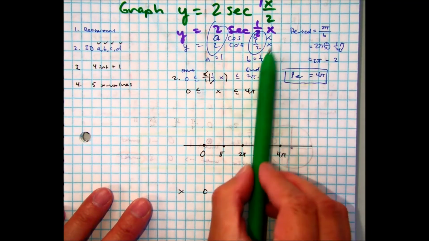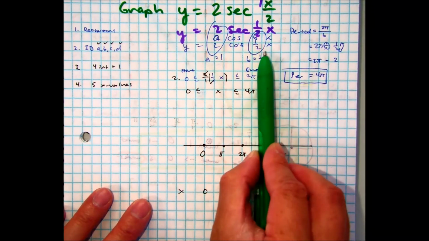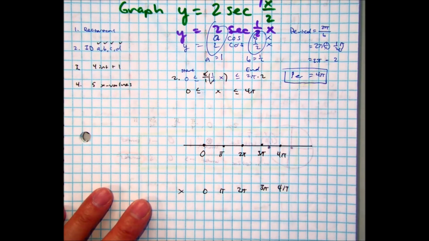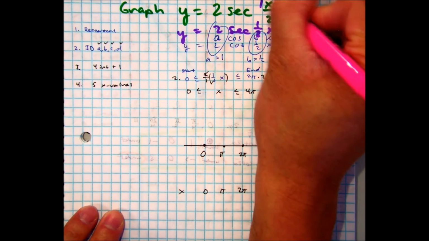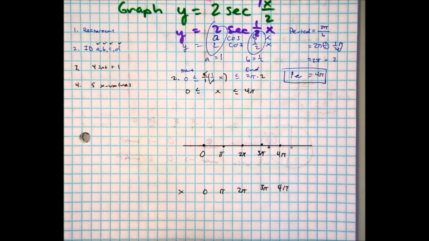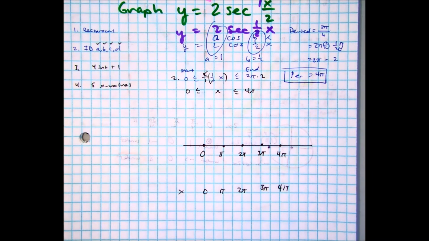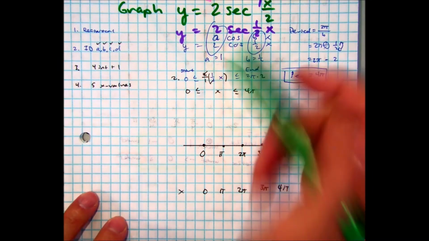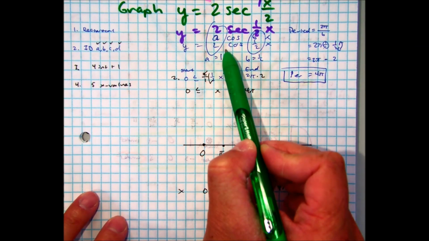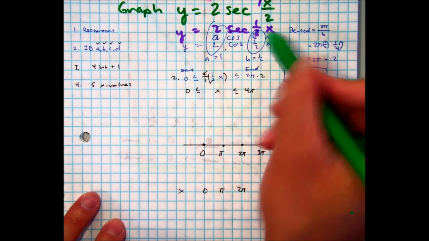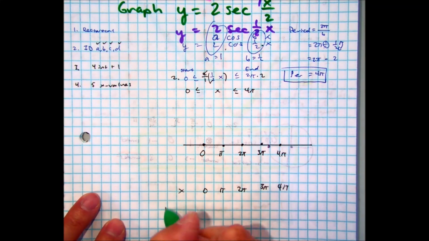Okay, so if I look at this, remember if it helps you guys, you're going from right to left. Which direction, class? Right to left. It's basically the order of operations. So I'm going from right to left, so can I just do the cosine? You'd have to multiply by 1/2 first.